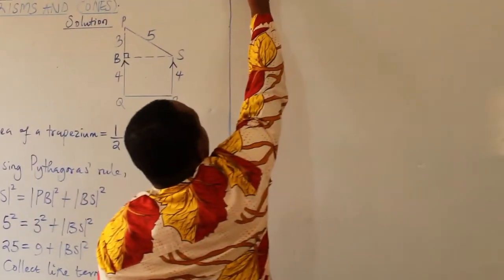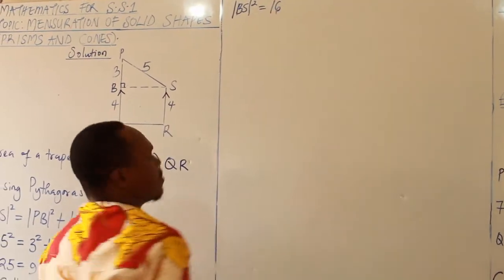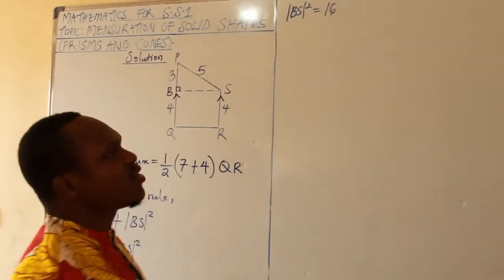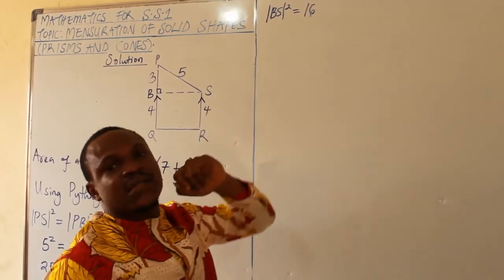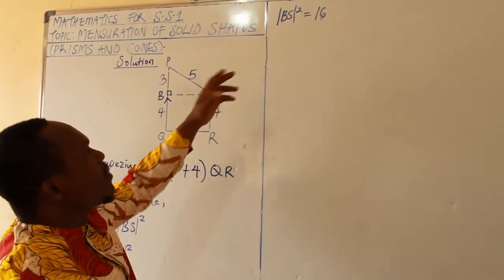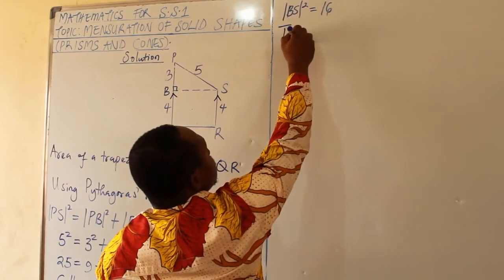So we have BS squared is equal to 16. Now for us to be able to find BS, we have to take the square roots of both sides.